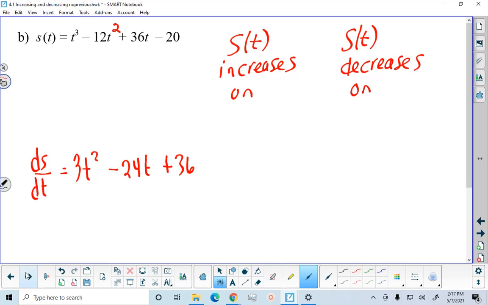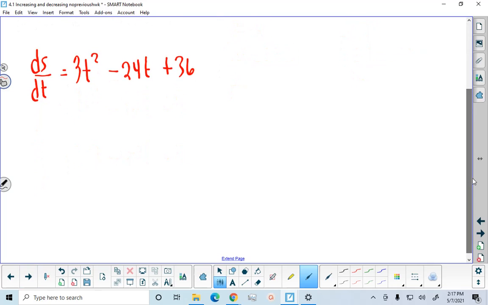How do you decide where the derivative is positive, which is where the function is increasing, and where it's negative, which is where it's decreasing? You have to start by finding out where it's 0. I want you to notice that I'm going to factor this.